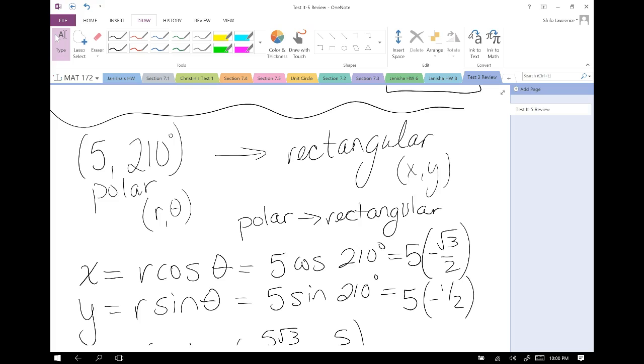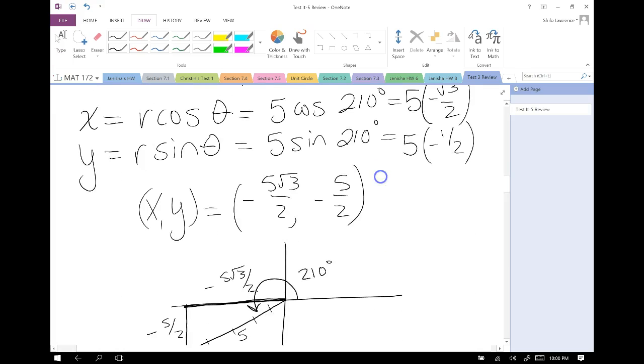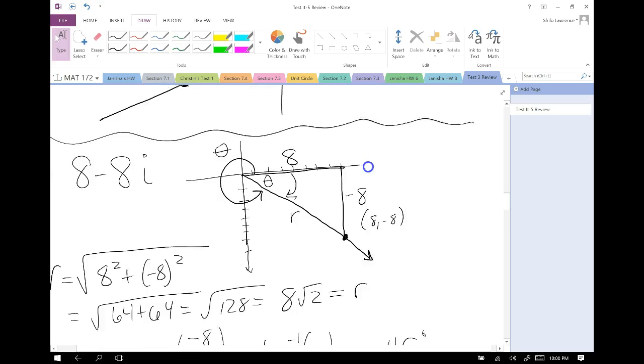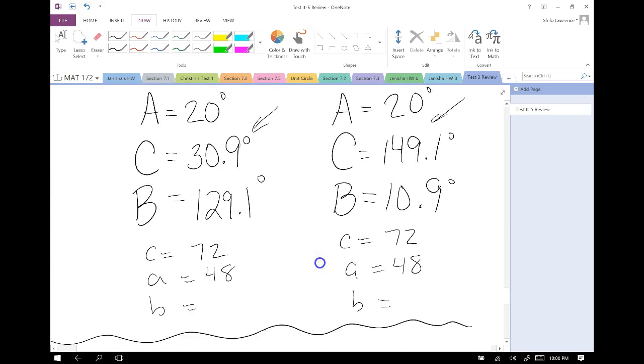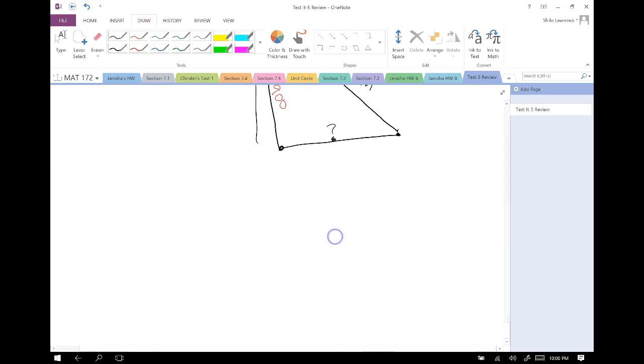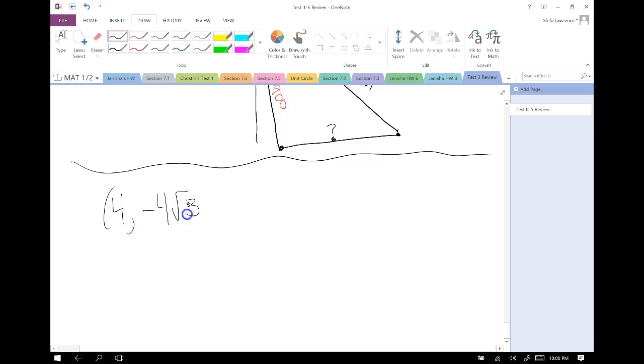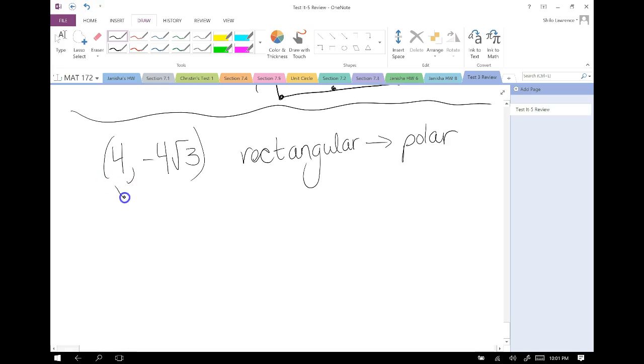Now we have rectangular and we want to go to polar. So this is an X and a Y, and they want us to get an R and a theta.